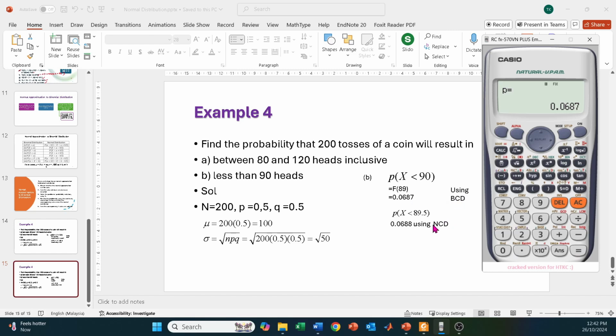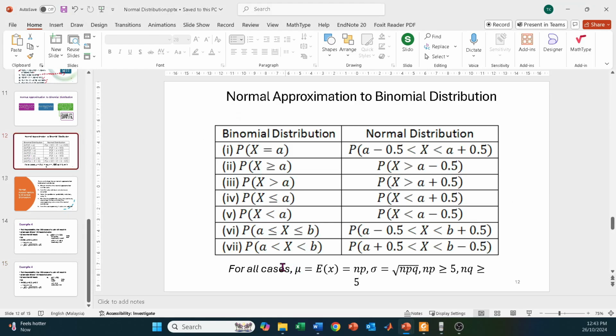Since np is greater than 5 and npq is also greater than 5, this binomial distribution is approximated to normal distribution. For probability less than 90, that is x less than a, for normal distribution you should correct it to probability of x less than a minus 0.5.